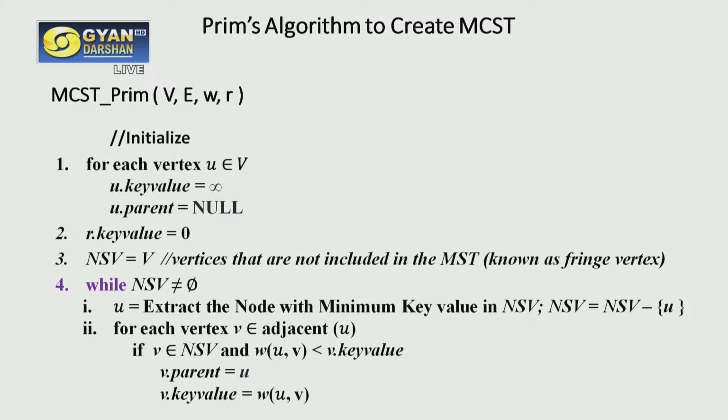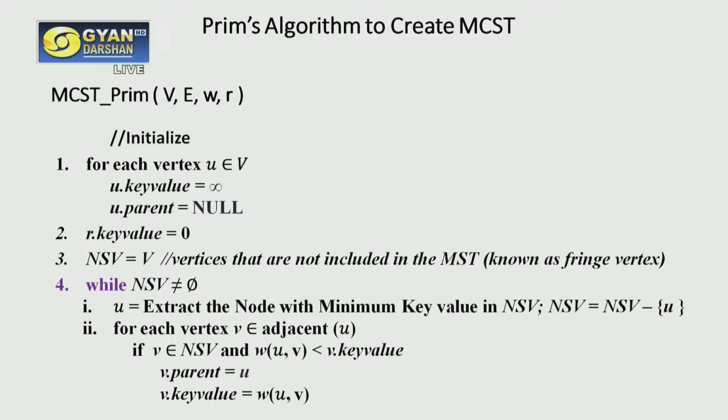Then as we proceed further, the parent is decided accordingly, and the parent in the case of a minimum spanning tree is the one from where the minimum cost edge is possible. As I told, R is the root, the node from where we start to create the spanning tree. So we initialize its key value as 0 because there is no cost involved to reach that particular node. We are at that particular node only, so its value will be 0.